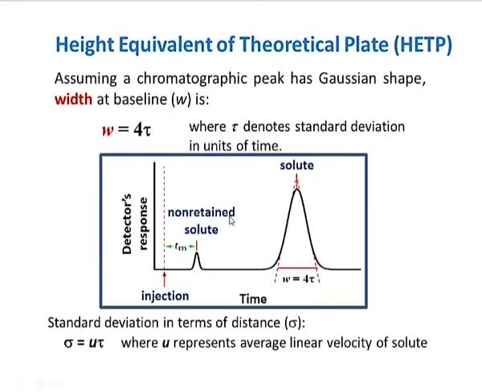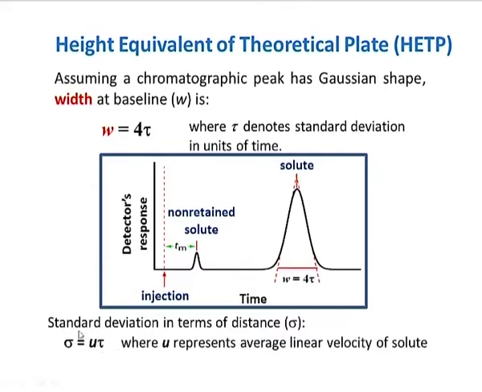It can be related to the distance also. Let us see how. If standard deviation has to be evaluated in terms of distance, which is sigma, it would be sigma equals u times tau, where u represents the average linear velocity of solutes. It is not very difficult to understand. Now, distance equals speed into time, right.